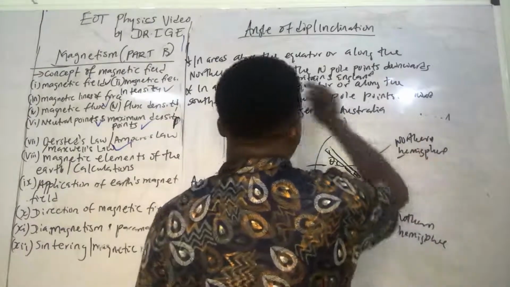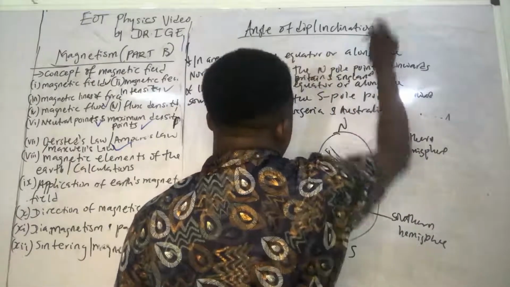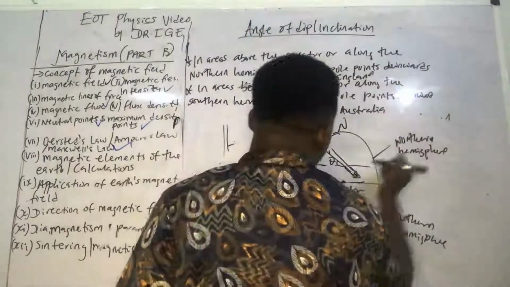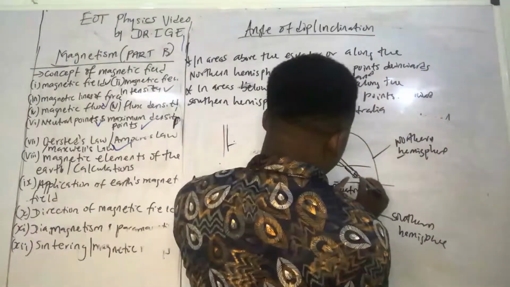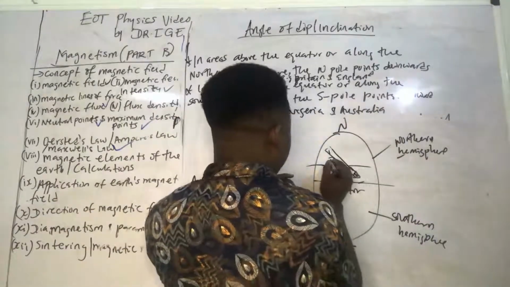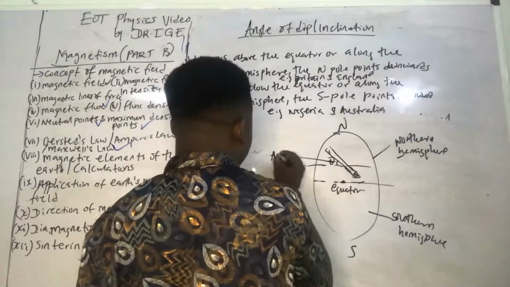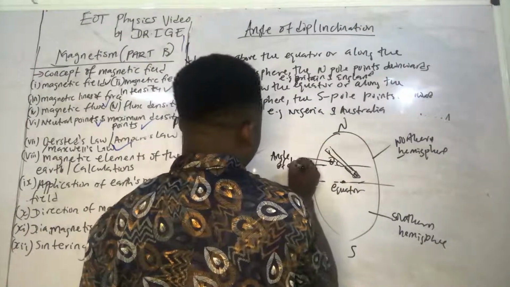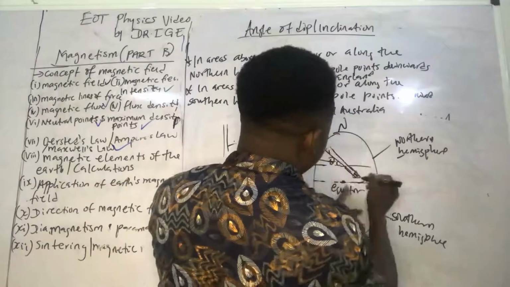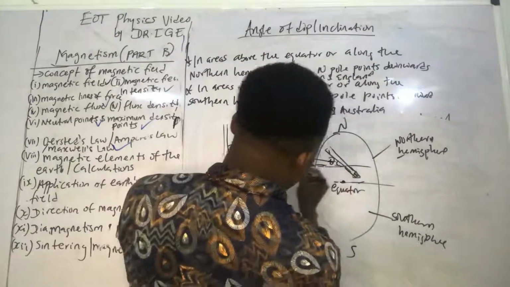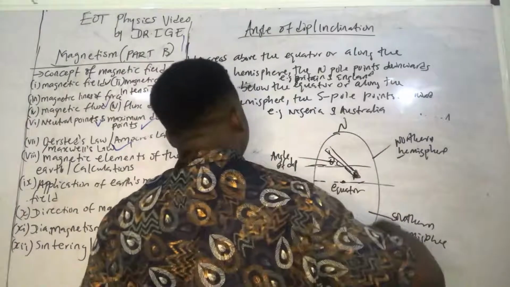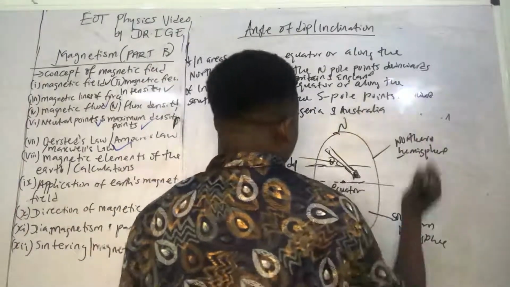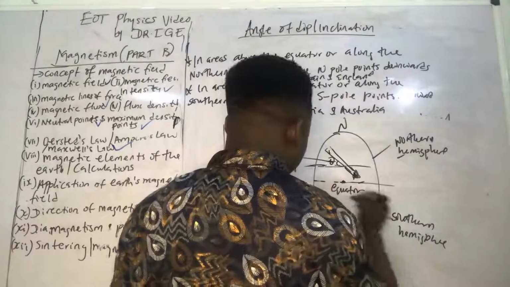As I said, in areas above the equator, or in the northern hemisphere, the north pole points downwards. This is the angle of dip that we're talking about, the angle between the Earth's magnetic field and the horizontal. So it is the north pole that will dip in the northern hemisphere, above the equator.